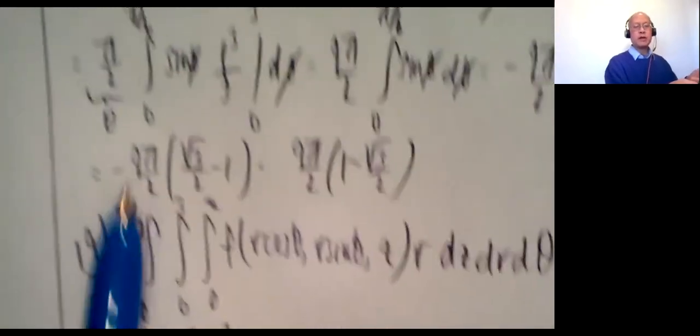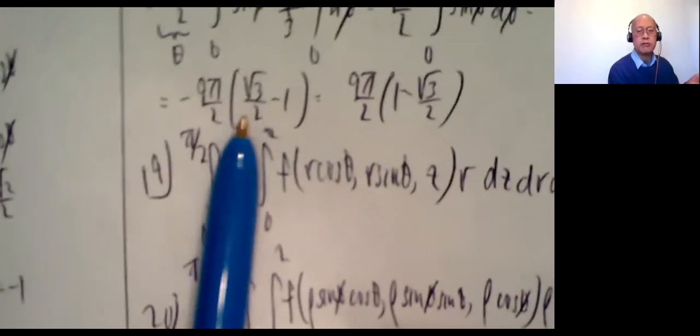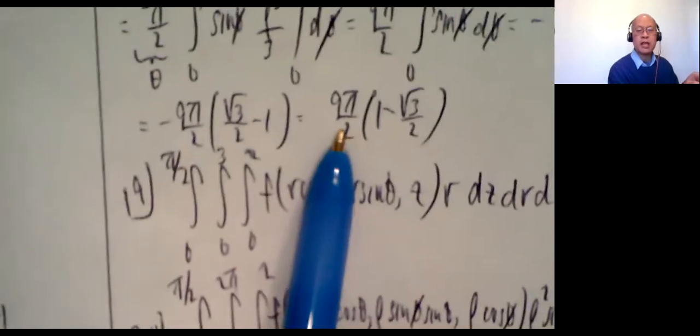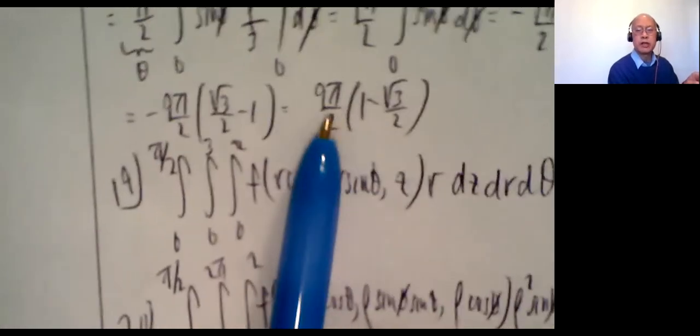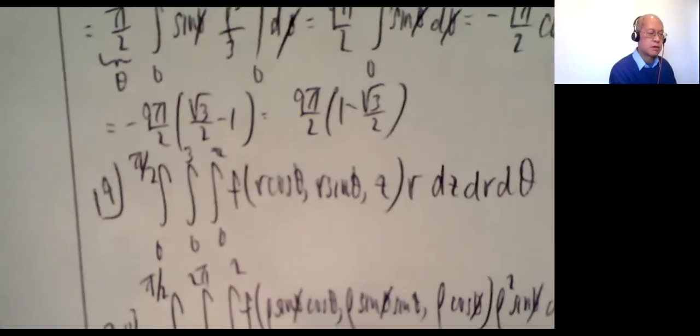That's sort of the answer, but you can make it nicer if I distribute the negative, because radical 3 over 2 minus 1 is a negative number. So distribute the negative and turn that around. The best way to write the answer is 9 pi over 2, parentheses, 1 minus radical 3 over 2. So that's my answer.